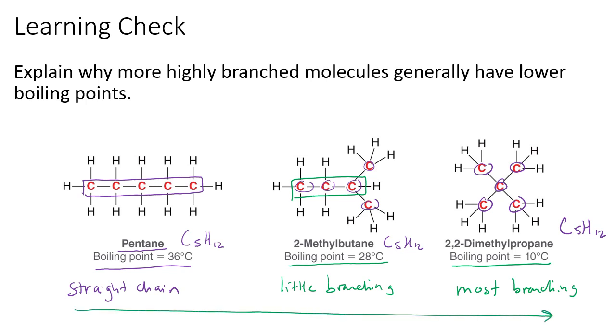So as we go from left to right here, we decreased the surface area of our hydrocarbons, and we also decreased the London dispersion forces present, which is why those boiling points continue to drop as our branching increased or our surface area decreased.